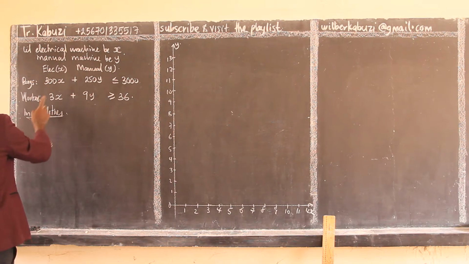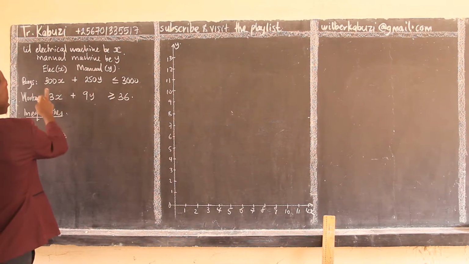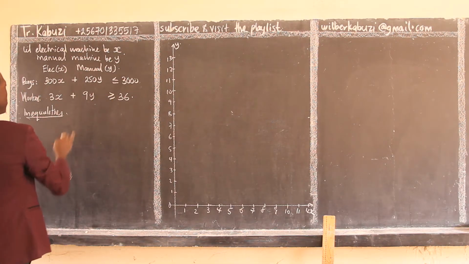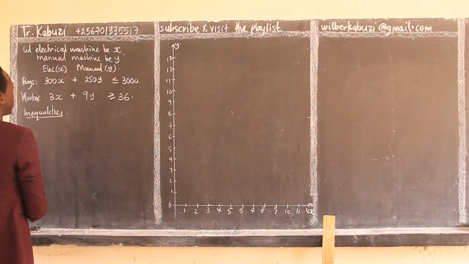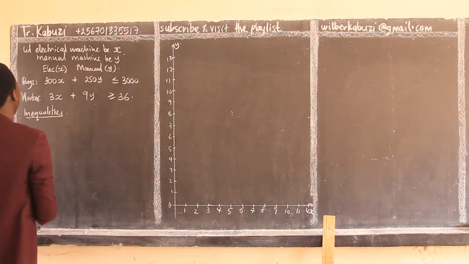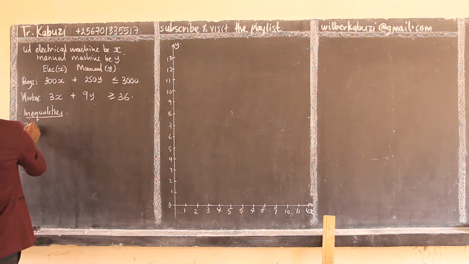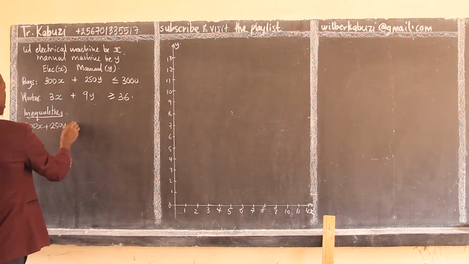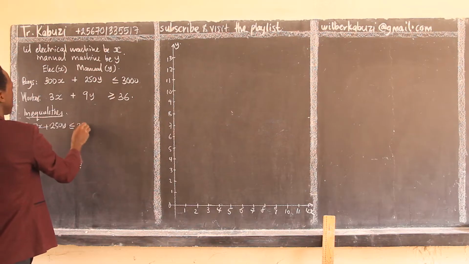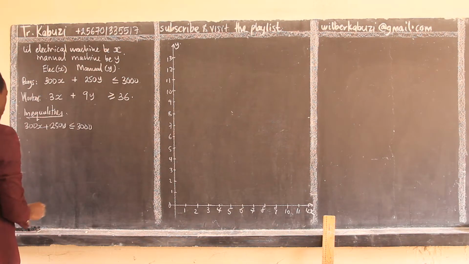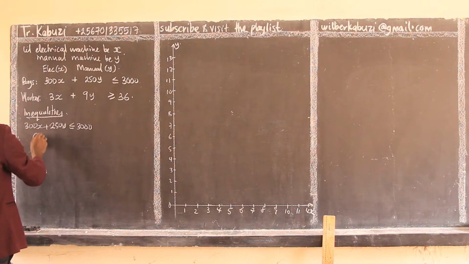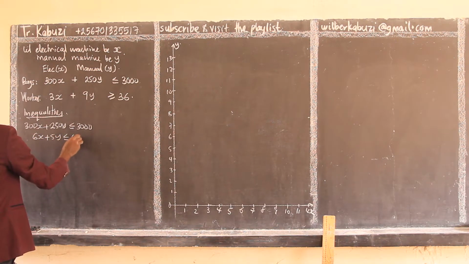So I have now, you see here I can reduce by 10 and then 5, so by 50, I can reduce through by 50. Okay, so 300x plus 250y less or equal to 3,000, so you can reduce through by 50. By 50 here you get 6x, here you get 5y less or equal to 60.